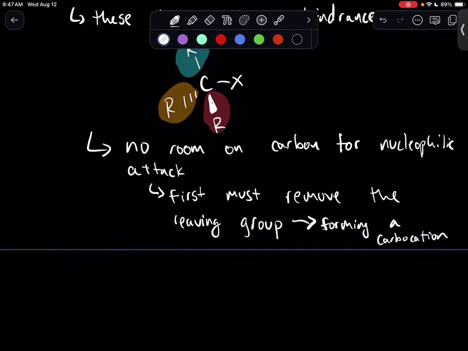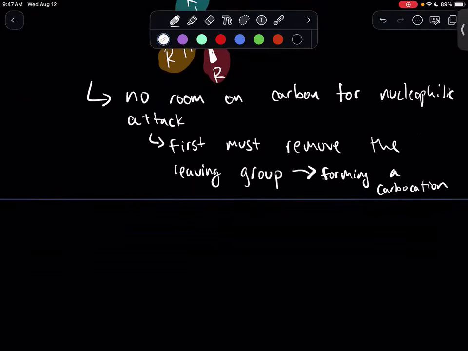We talked about these when we talked about different types of nucleophiles and electrophiles. A carbocation is a very powerful electrophile, and that's because it has a full positive charge over the entire hydrocarbon.